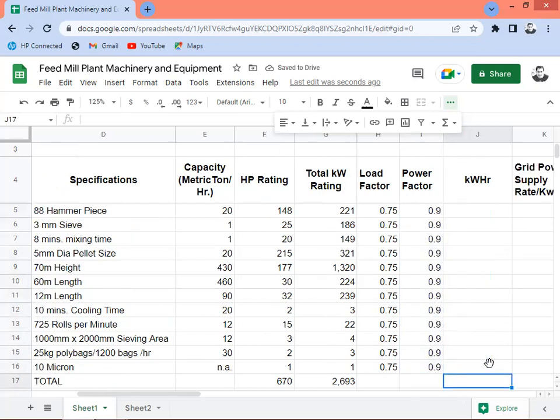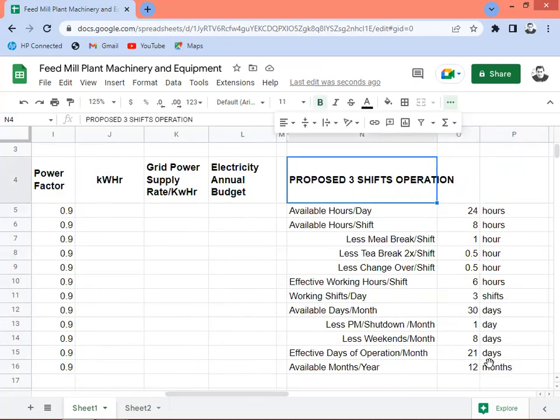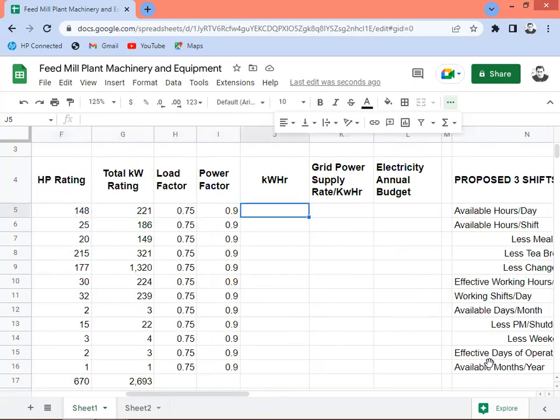Before I calculate, I already have the proposed three-shift operation, because this will be included in the equation for the kilowatt hour. So what would be the equation of kilowatt hour? We're going to calculate it like this.